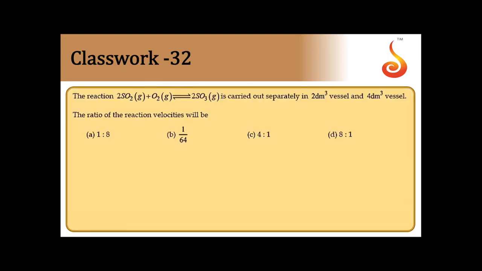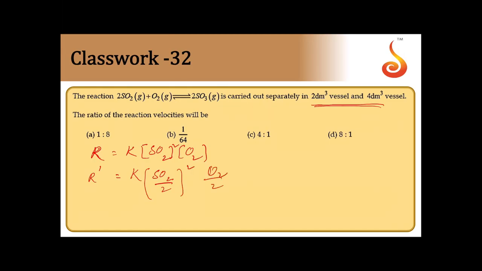Let us take the first equation. R is equal to K into concentration of SO2 to the power of square and O2. Now when you are doubling the volume, concentration becomes half. Let us take the new rate. R dash is equal to K into SO2 by 2, became half, and O2 by 2, also becoming half.